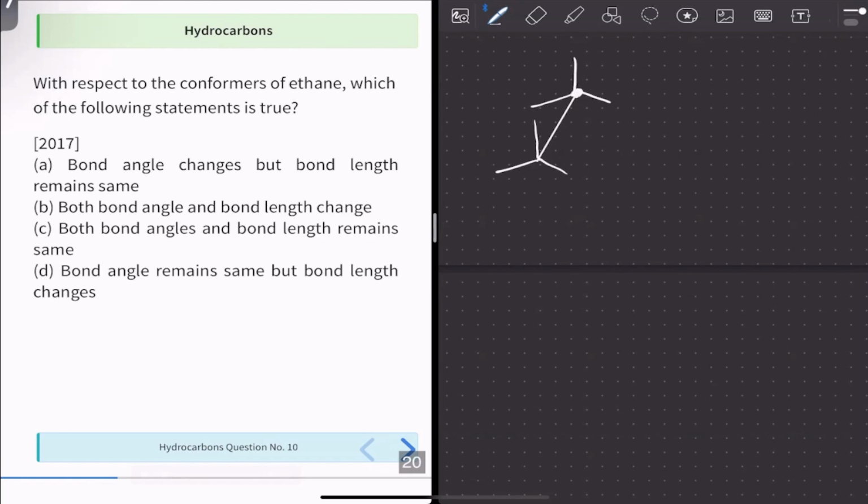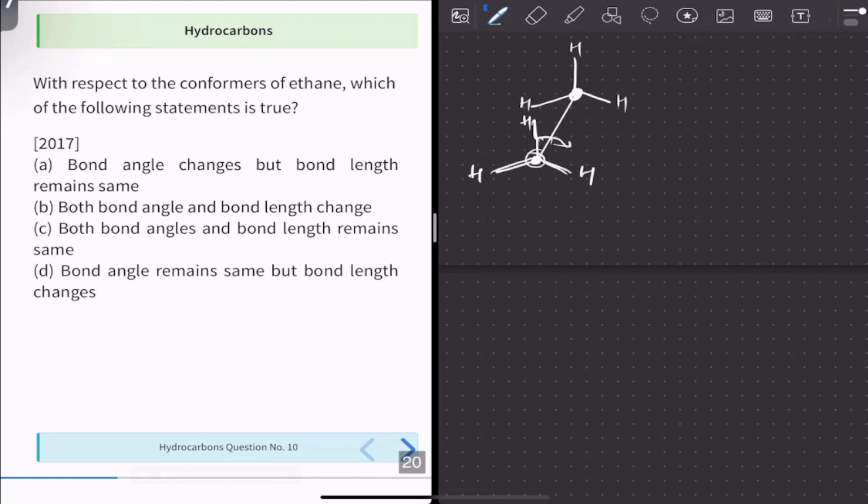These are the two carbon atoms, and these are the hydrogens here. Conformers are stereoisomers, meaning the spatial arrangement of the hydrogen atoms or bonds will be different. So let's fix this carbon atom and rotate the other carbon atom.